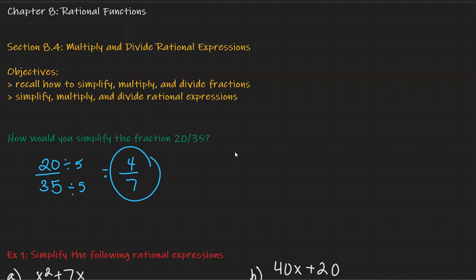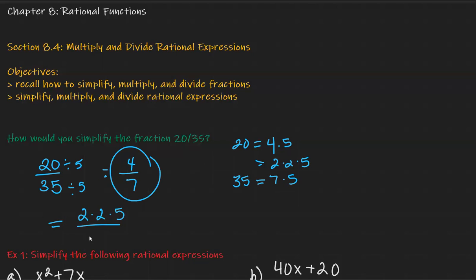Well, what goes on behind the scenes is we notice 20 is 4 times 5, and 4 is actually 2 times 2, so 20 is 2 times 2 times 5. And 35 is 7 times 5, right? So using this factorization, in our numerator we have 2 times 2 times 5.